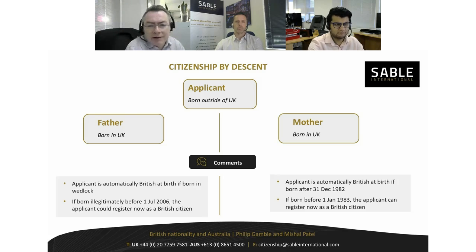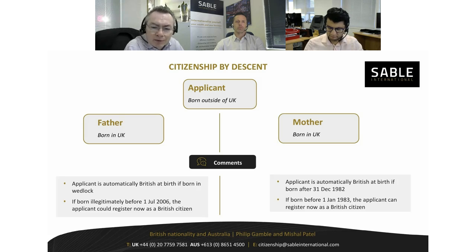On the mother's side of the family, again, pretty much the same thing existed. Unfortunately, before the 1st of January 1983, it wasn't possible to claim citizenship by descent if your mother was born in the UK or your mother was British. You could only claim if it was your father and if you were born legitimately, as you saw. Again, more recent legislation has been brought in to give a remedy to this particular position.